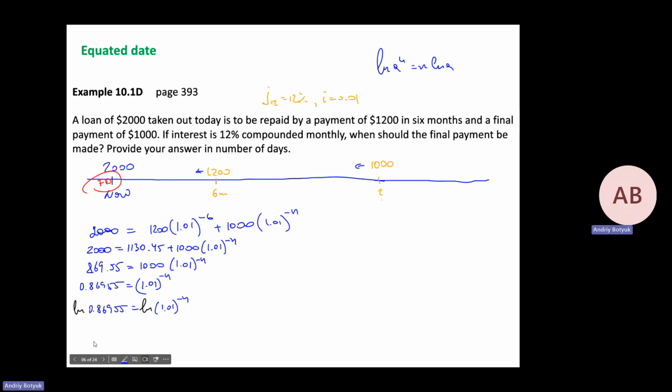So this minus n jumps out from the logarithm. Logarithms I will calculate later. And then n equals logarithm of 0.86955 divided by negative logarithm of 1.01. So now we can calculate that.